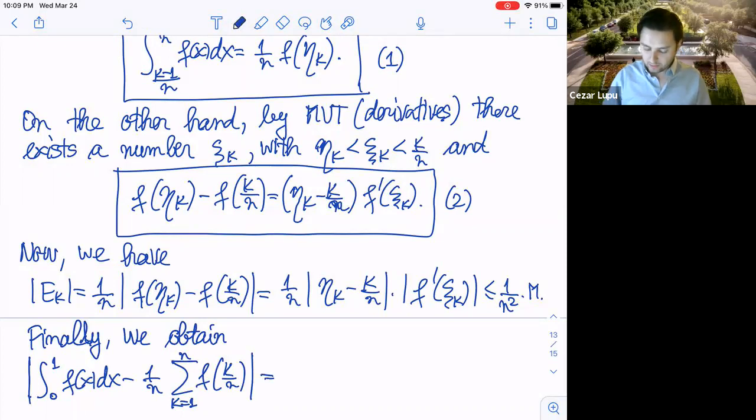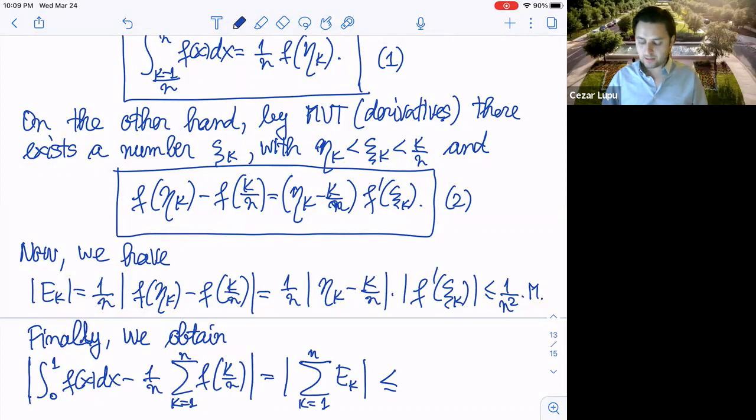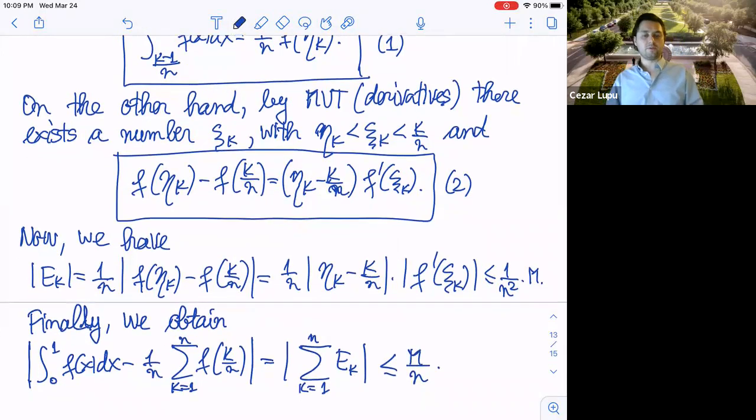This is nothing else than just the sum from k equals 1 to n of ek. And this guy, if we sum up all these ak's, will be nothing else than just n times m over n squared, which will give us m over n. And that's the first solution.